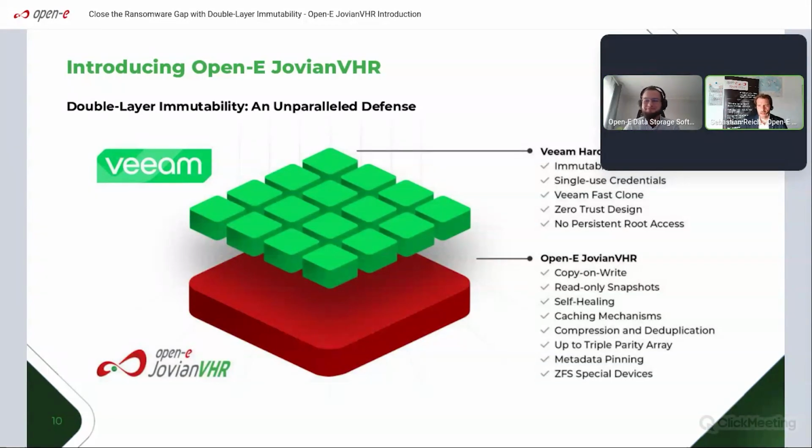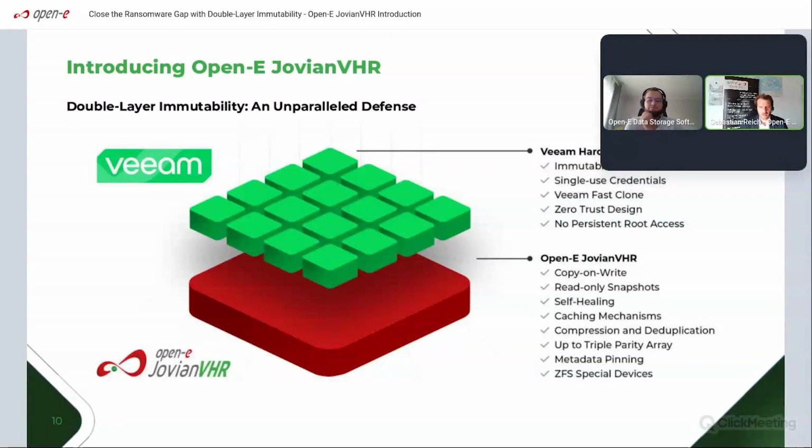What we can also do is select up to a triple parity array, like a RAID 7, or even up to a RAID-Z3, as we call it in ZFS jargon. We also have metadata pinning on board, which can be enabled on every hard disk on its own. It's just a little speed boost as well.